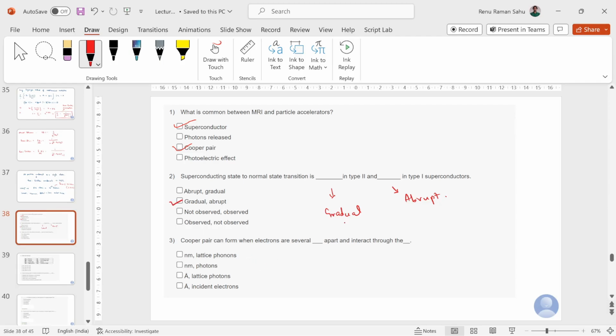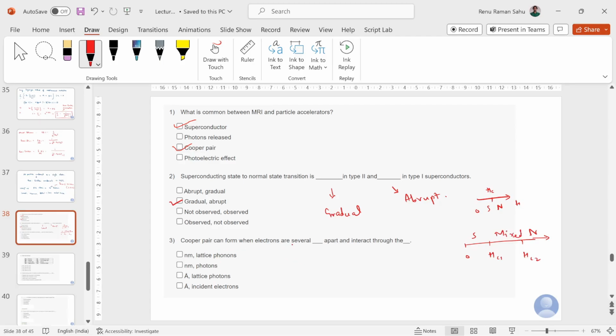In a type 1 superconductor, when you increase the H field from 0, at Hc suddenly the transition from superconducting to non-superconducting will happen. But in case of type 2, at Hc2, the transition from superconducting to non-superconducting will happen gradually through something called a mixed state.